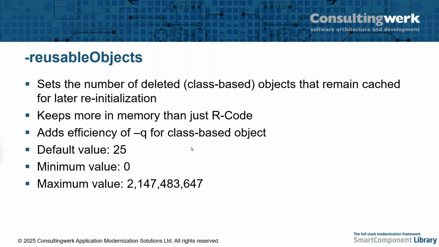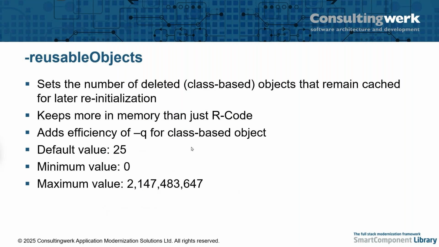So that when newing an object of a class where you previously deleted an object, reusable objects allows you to reuse that instance, basically just wipe out all the property values and have that instance in place quicker.